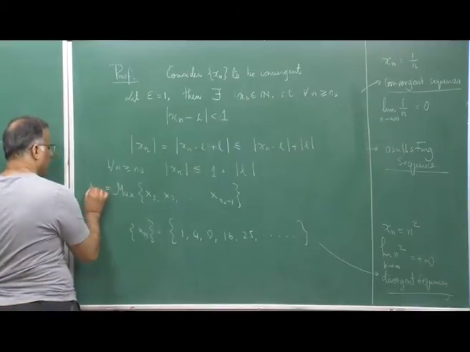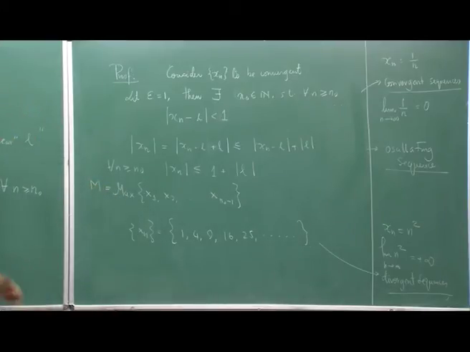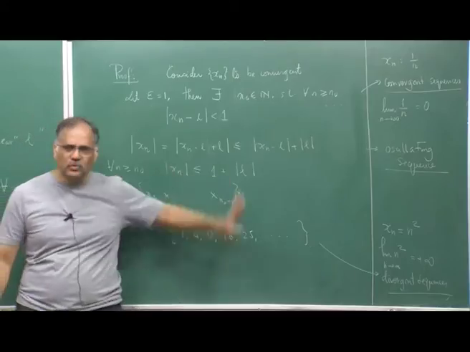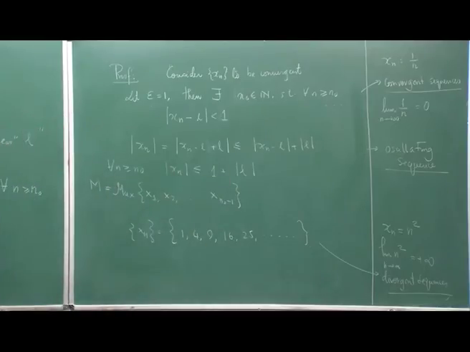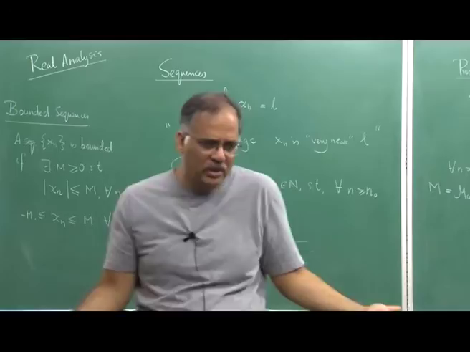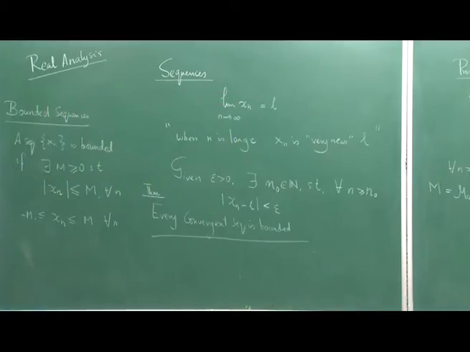So, let this be M. From n naught onwards this is true, it is bounded by 1 plus mod L, because L is a fixed number; this is convergent, you know the limit, this is L. So, this is bounded by this number. Now, there are only a finite number of the remaining terms.